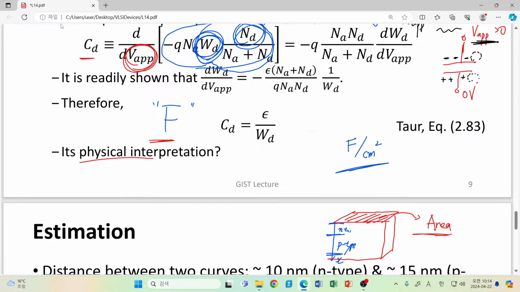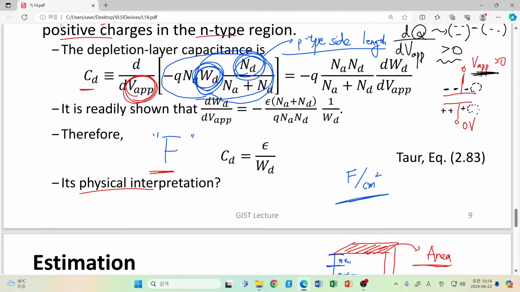But please think about this. We have spent a lot of internal calculation and derivation, and the result is so simple. Why is it so simple?